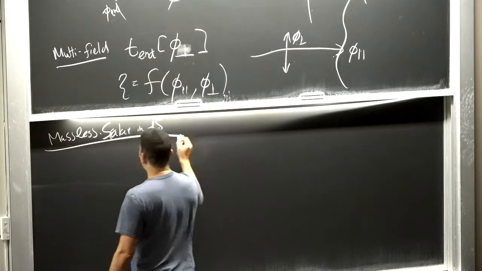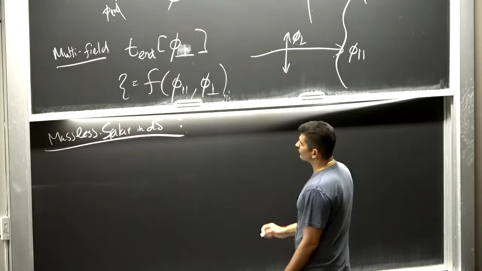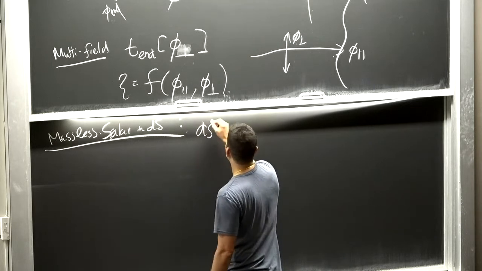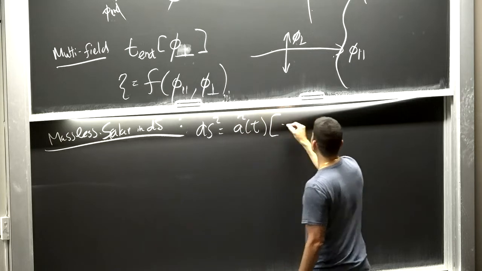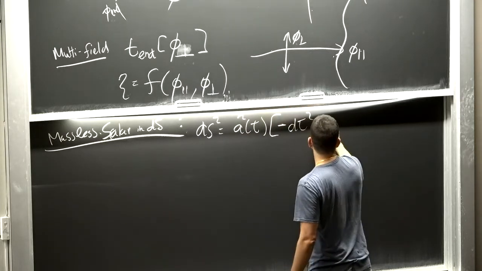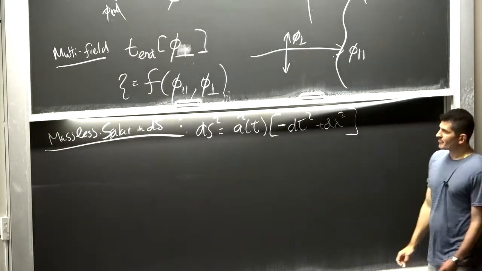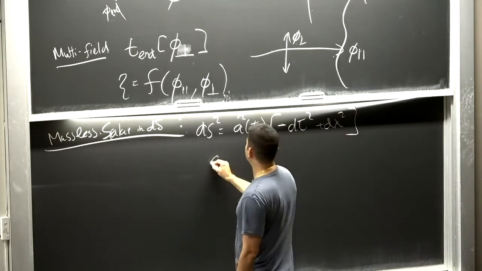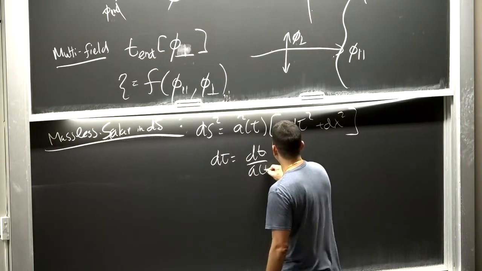OK, so a massless scalar in de Sitter, I'm going to write the action in conformal time. So remember, when I work in conformal time, the action looks like this. This is defined so that dτ is equal to dt over a of t.